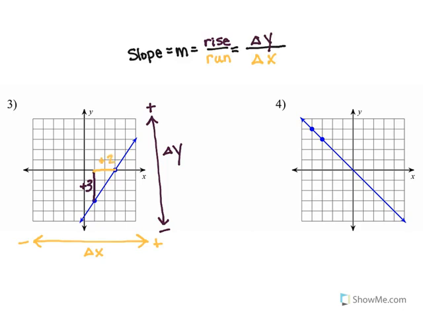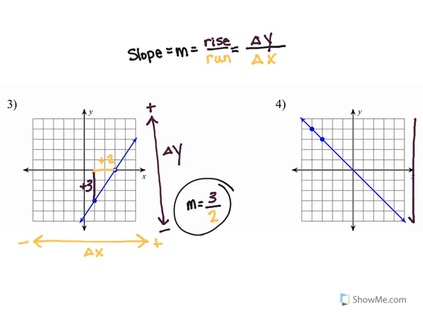So if we are doing our slope, which is m, we're going to say m equals our rise, which is 3, over our run, which is 2. So our answer would be m equals 3/2.